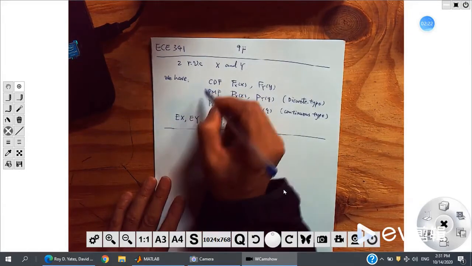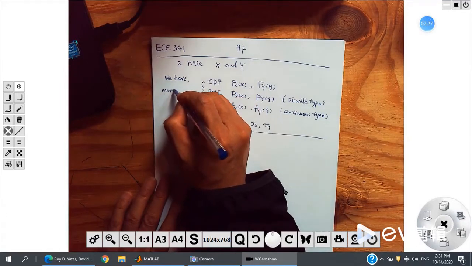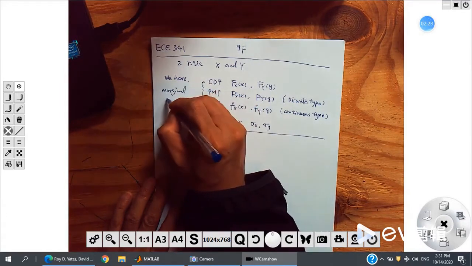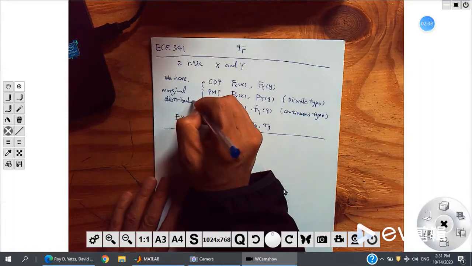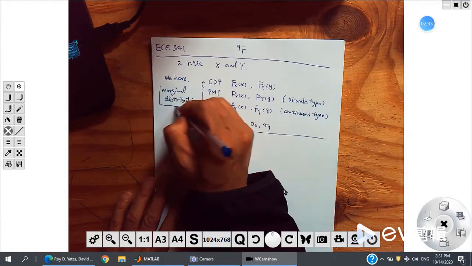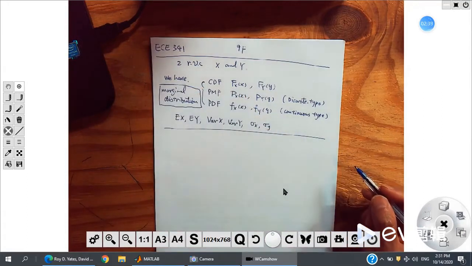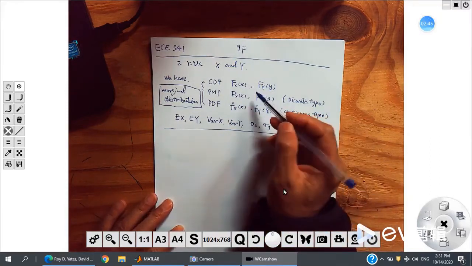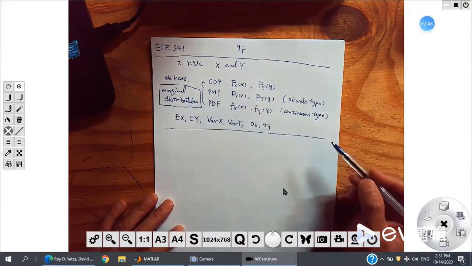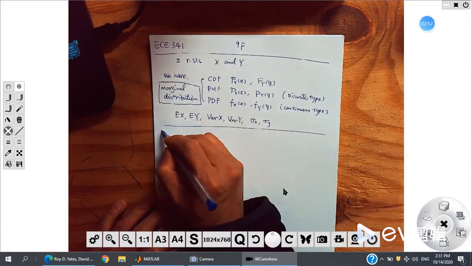Compared with those joint things, we call these marginal distributions. Yeah, we used to call it this kind of distribution. We separated the 100% overall probability to different possible values. So it's a distribution.